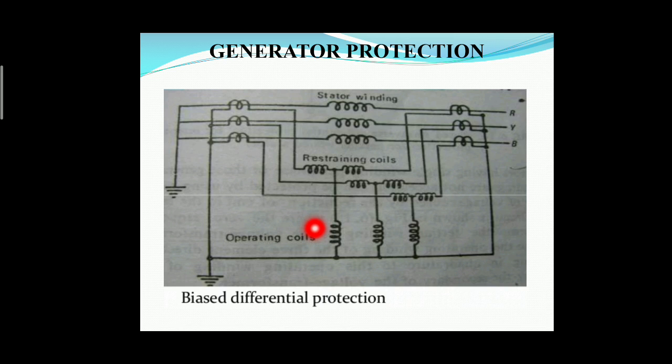The torque produced by the restraining coil is effective during the normal operating condition. Under abnormal conditions, the relay closes its contact when the setting current flows through the relay operating coil.